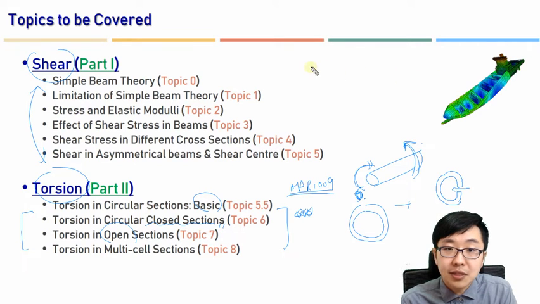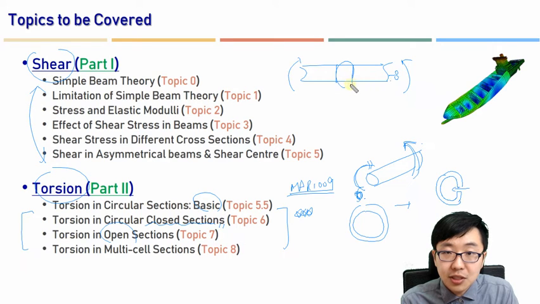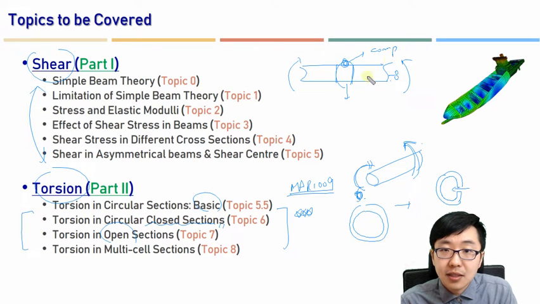At the same time, as you can see here, this is our ship structures. Once we apply the vertical bending moment, like sagging or hogging, at the midship section, then at the deck side it will be compressed, and at the same time the outer bottom will be stretched, tensioned.